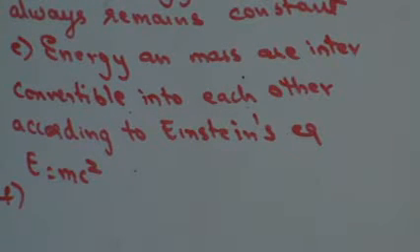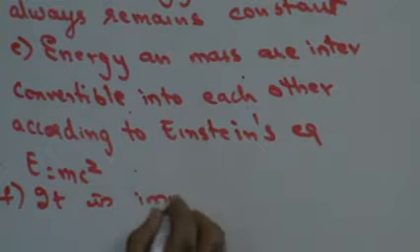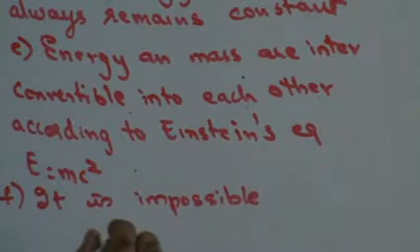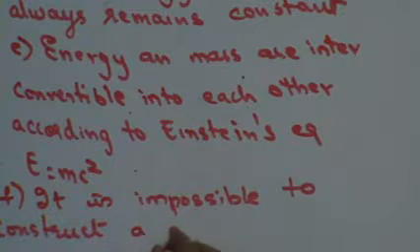Finally, it is impossible to construct a perpetual type of machine. What is a perpetual type of machine? A machine which would produce work continuously without consuming energy. So it is impossible to construct a perpetual type of machine.